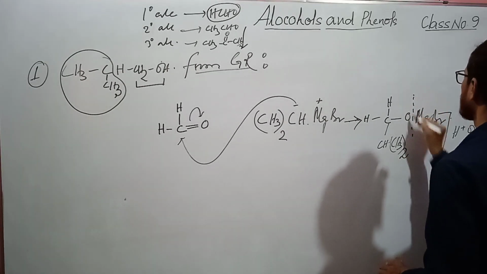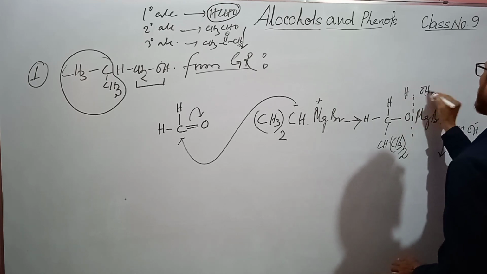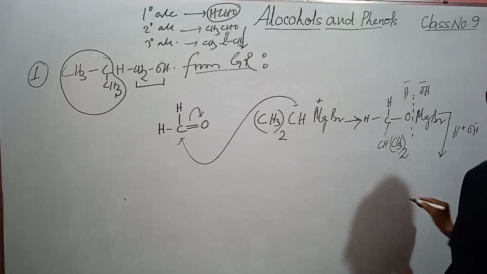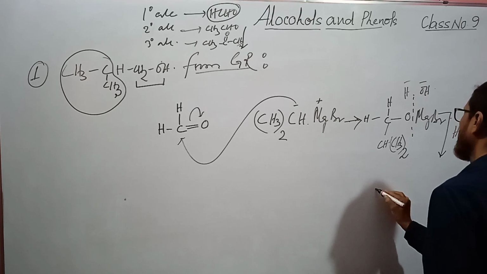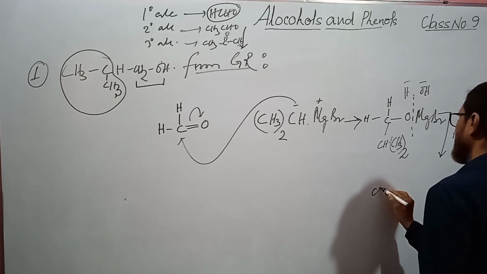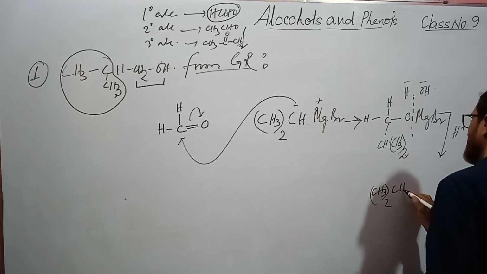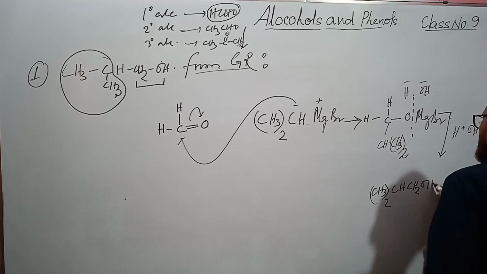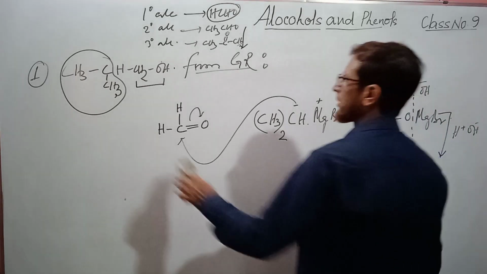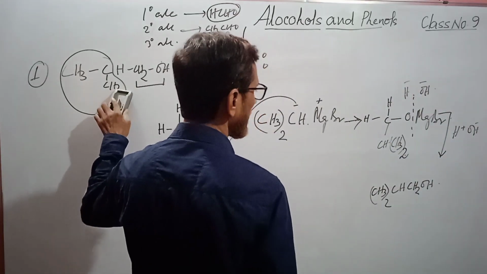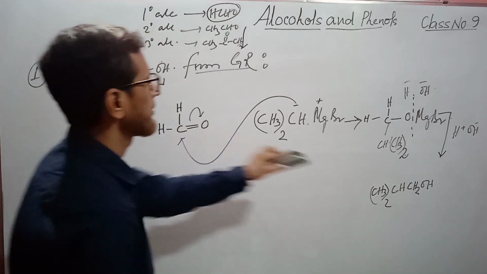are you not breaking this, as per the technique I have mentioned? So what you are getting is, I am arranging it, CH3, CH3, CH, CH2, OH. So is it not this? You think, is it not this? Yes.